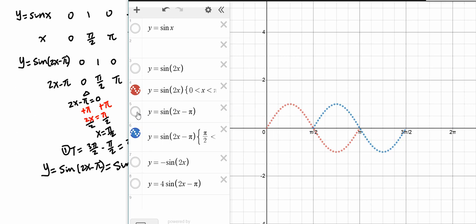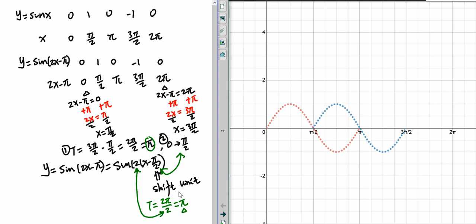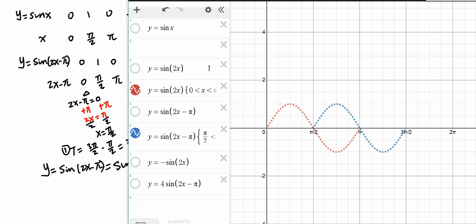Okay, so what is the middle step? Algebraically, in conclusion, you change this picture to the one right here. Then you want to have the picture for sine 2x. You want to have this picture, and this is one period. That's step 1. Change the period from 2 pi to pi.